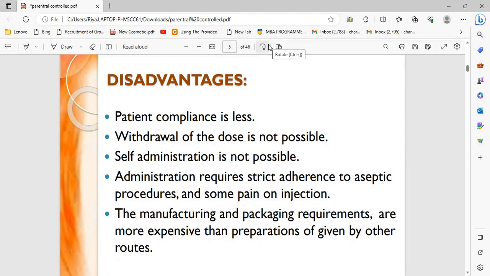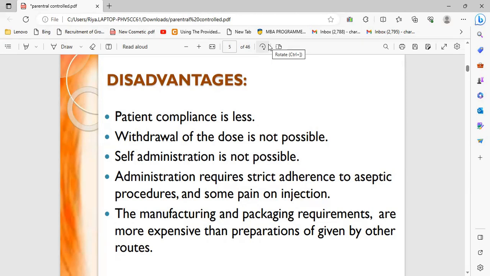We have to maintain a dress code in that specified area, and maintain specifications for particle size, airflow movement, and aseptic conditions, everything.